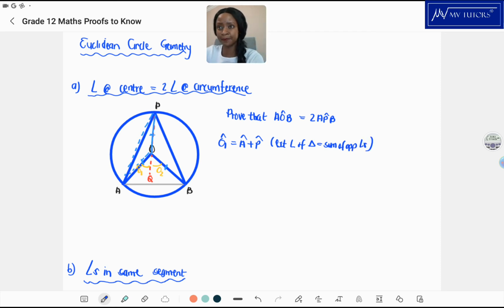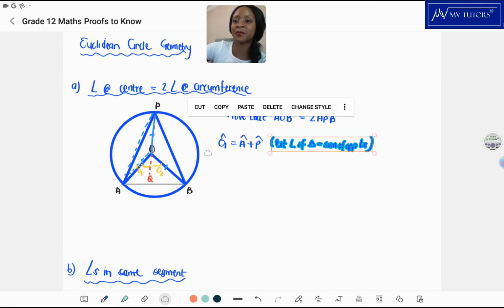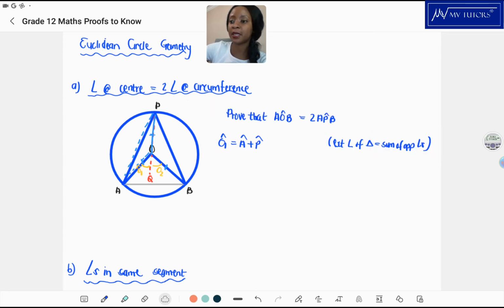So that is pretty much O1 equal to A plus P. Actually I wanted to say it's equal to A plus P in which triangle? It's very important that we note which triangle that is in. So O1 is equal to A plus P in triangle AOP.